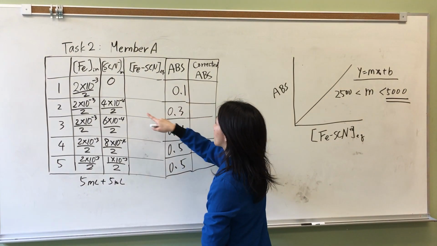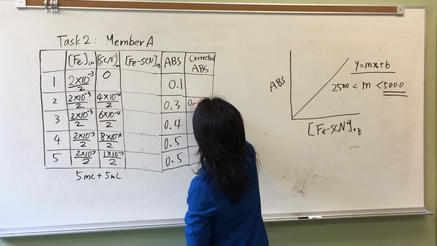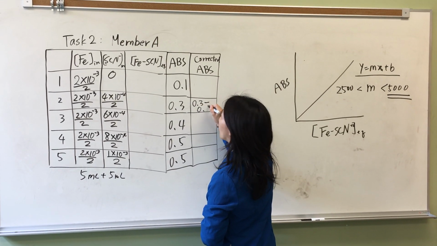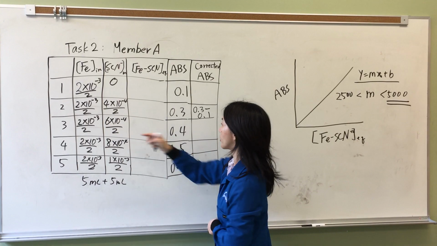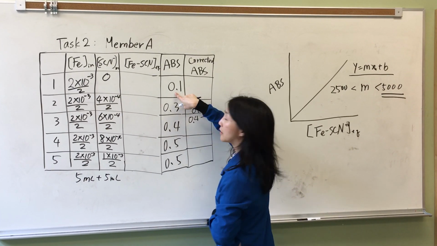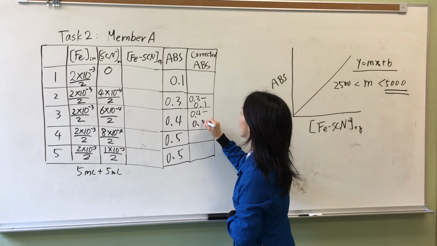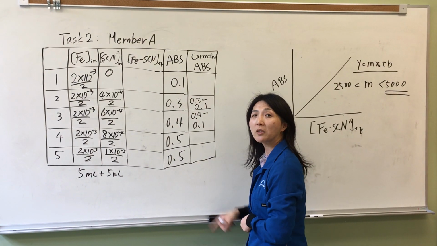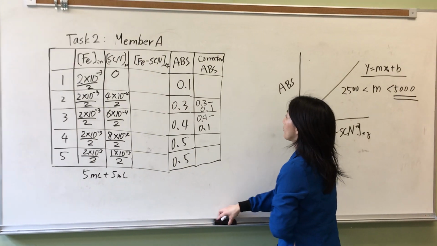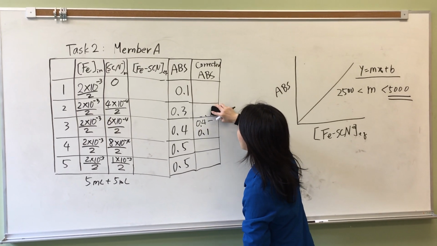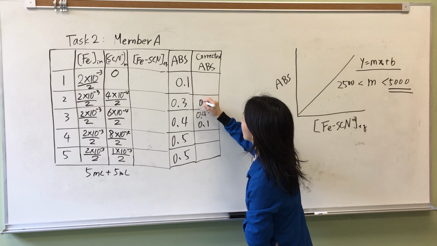So for example, standard 2 is going to be 0.3 minus the blank absorbance, 0.1. And then standard 3, 0.4 minus the blank. So you're going to correct your absorbance first. Let's say 0.3 minus 0.1 is 0.2.